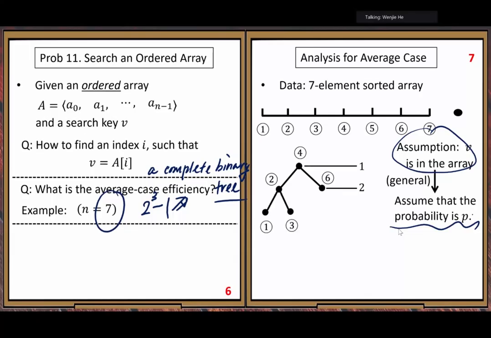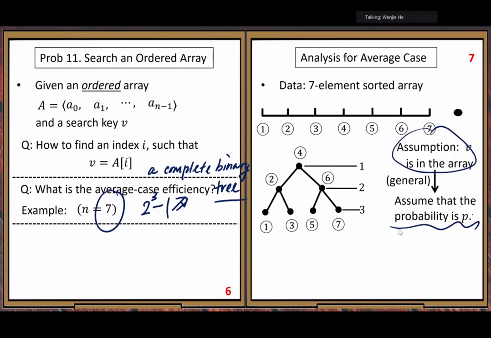And so on. Another round: node 1, node 3 for the left branch, and node 5, node 7 for the right. This level, we need to do 3 comparisons. That corresponds to the worst case efficiency. So there are 3 levels in this binary tree.